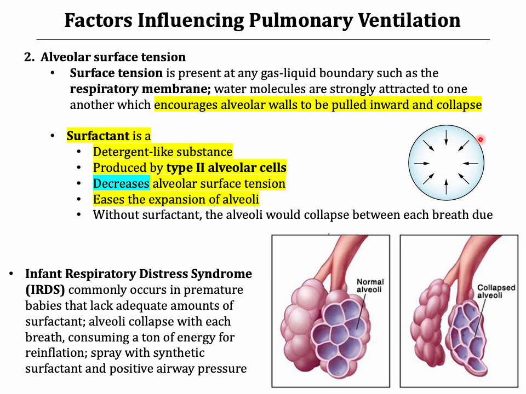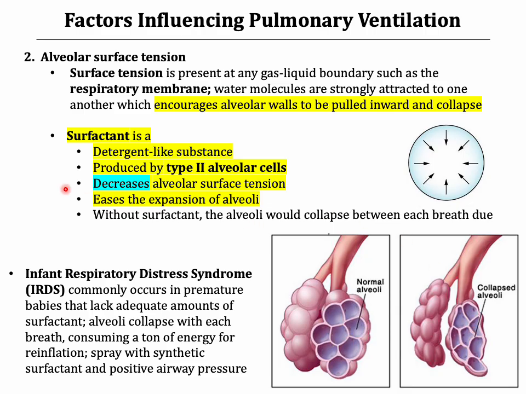There's a thin film of water there, and water molecules are really attracted to one another, and it creates a force, or surface tension, that wants to collapse the alveolus or collapse the sphere. So you see down below with this image, normal alveoli nice and open and expanded, and then when there's an increase in surface tension, there's some collapse of those alveoli. Outlining that whole sphere being water, it wants to come together, it wants to collapse.